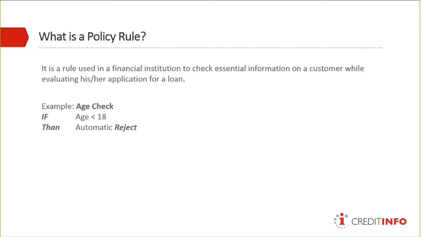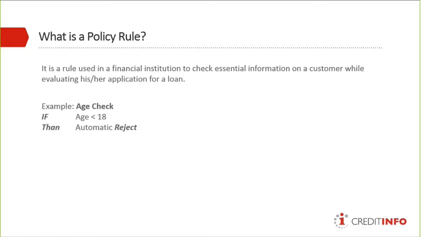The best example would be, as you see, age check. We can imagine that customers under 18 would most probably be automatically rejected in an institution, and this organization will not grant a loan to this person. And this is just a simple rule.